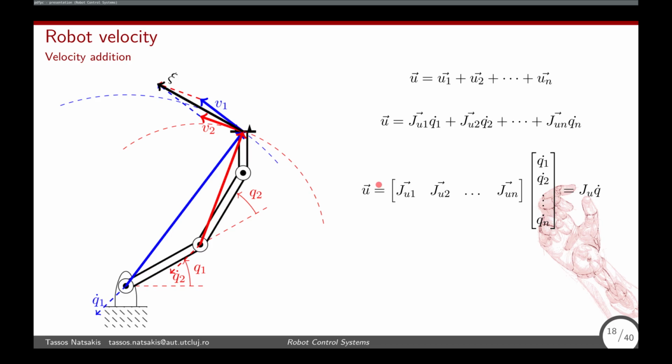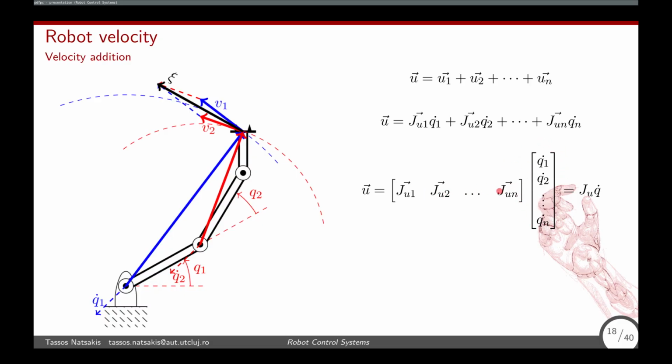And I can write this in a more algebraic form. I can have a vector of these vectors, J u1, J u2, multiplied with a vector of the joint velocities, the magnitudes. So these show me the direction, and these quantities show me the magnitude.